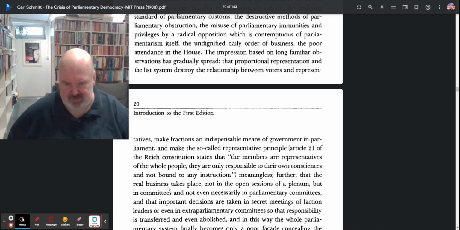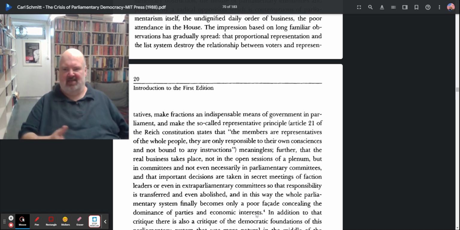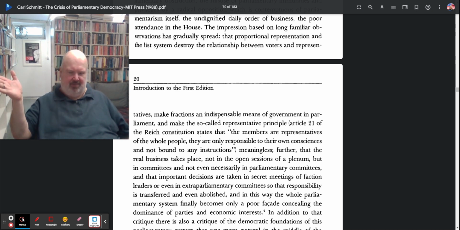Further, that the real business takes place not in the open session of the plenum, but in committees, and not even necessarily in parliamentary committees, and that the most important decisions are taken in secret meetings of faction leaders or even in extra-parliamentary committees, so that responsibility is transferred and even abolished. And in this way, the whole parliamentary system finally becomes only a poor facade concealing the dominance of parties and economic interests, right?